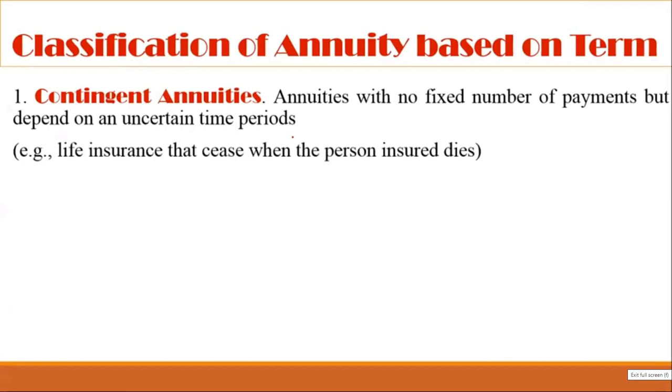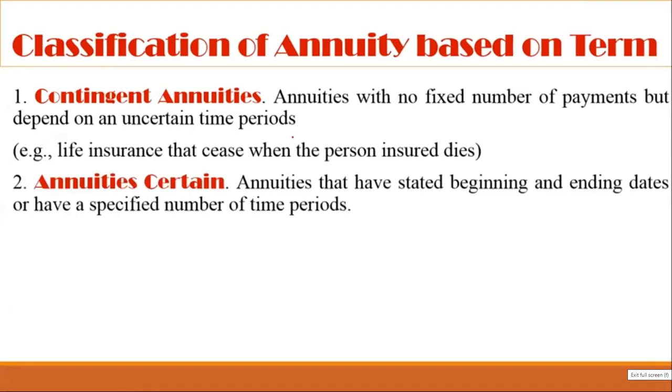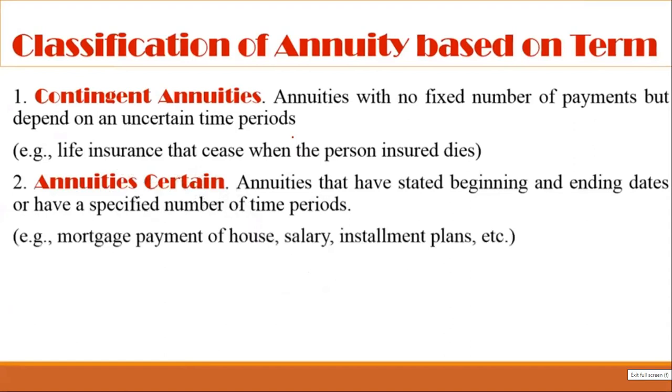Annuities certain are annuities that have stated beginning and ending dates or a specified number of time periods, like mortgage payment of a house, salary, installment plans, and so on.